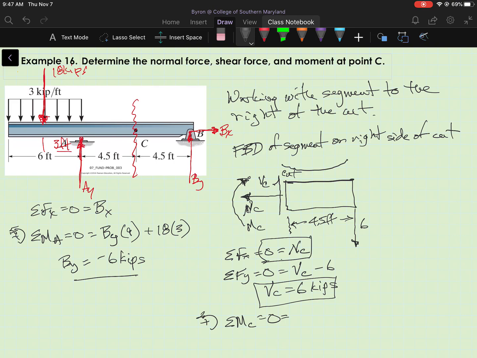So assuming counterclockwise is positive, then M sub C is going to be negative, and the 6 kip force is also going to be negative, and the moment will be 6 times 4.5.